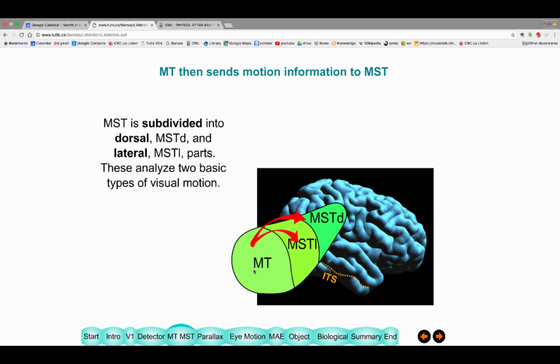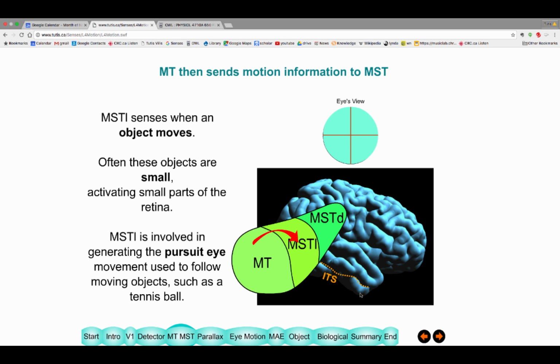Now, MT plus is in turn divided into area MT and MST. Okay? And this area MST has two parts to it, an L for lateral and a D for dorsal. Now, the L, MSTL, the lateral part, likes objects that are moving in your visual field.